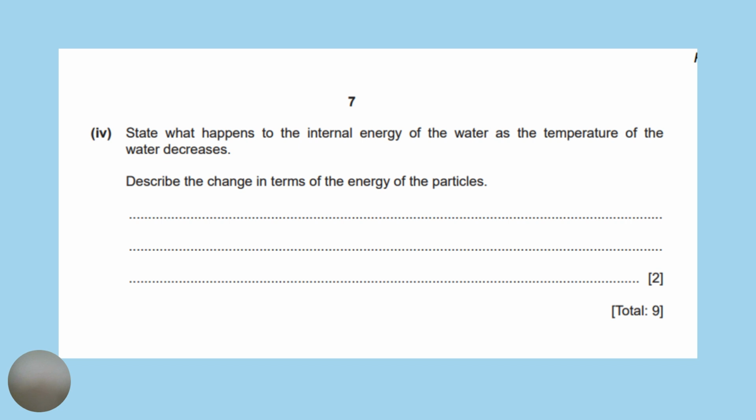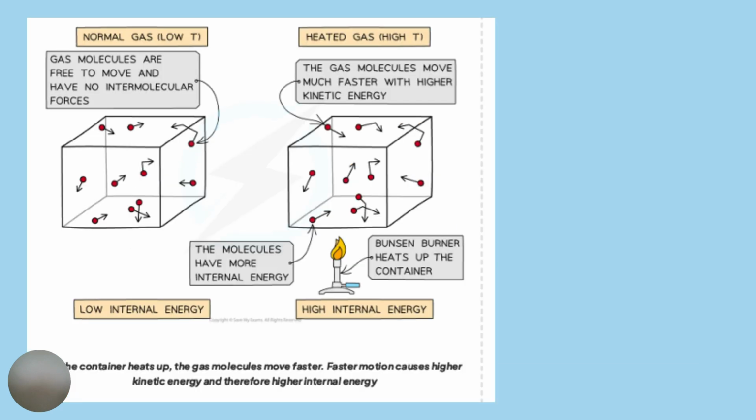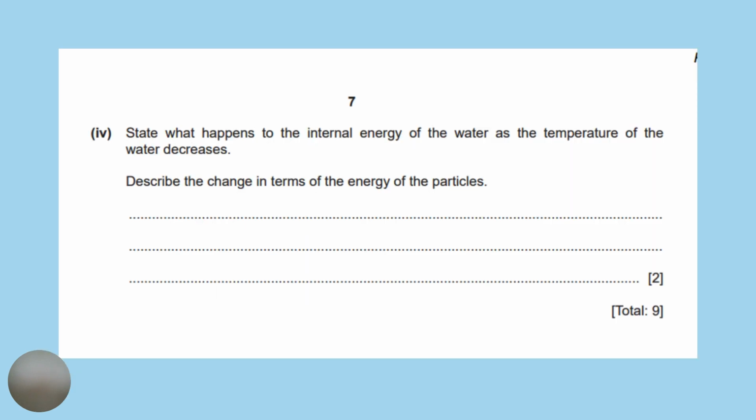We have a question here: state what happens to the internal energy of the water as the temperature of the water decreases. Describe the change in terms of the energy of the particles. Just now we increased the heat, so the heat energy transferred to kinetic energy. Now the temperature decreases. Why does the temperature decrease?